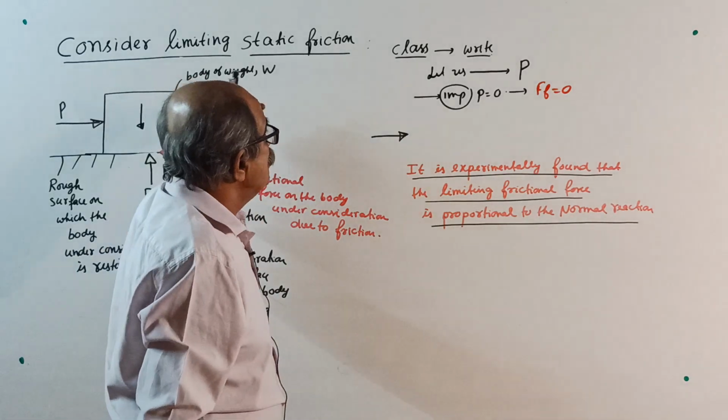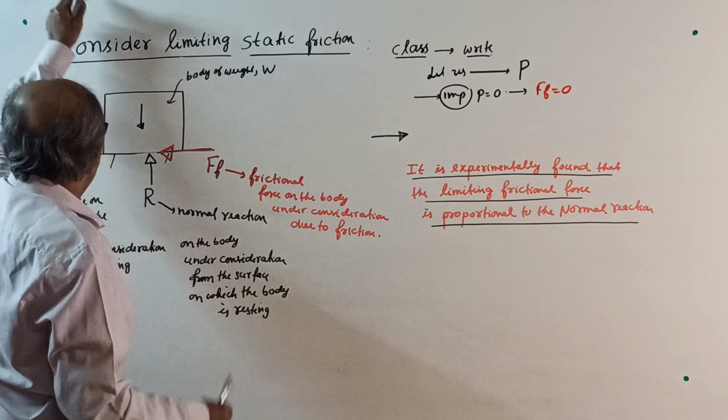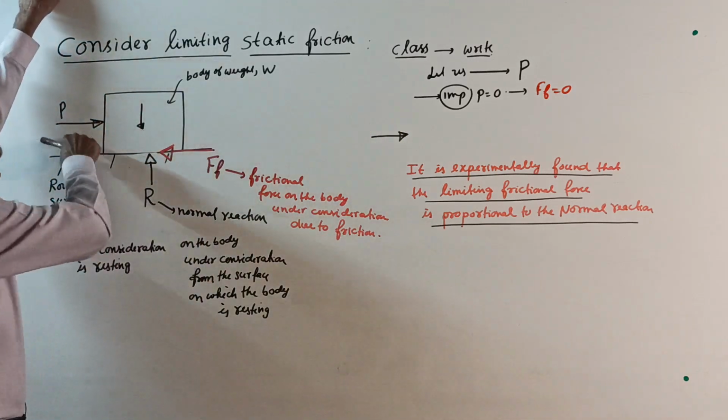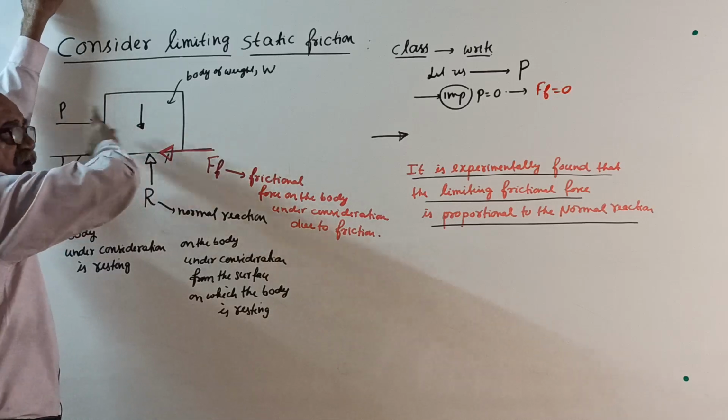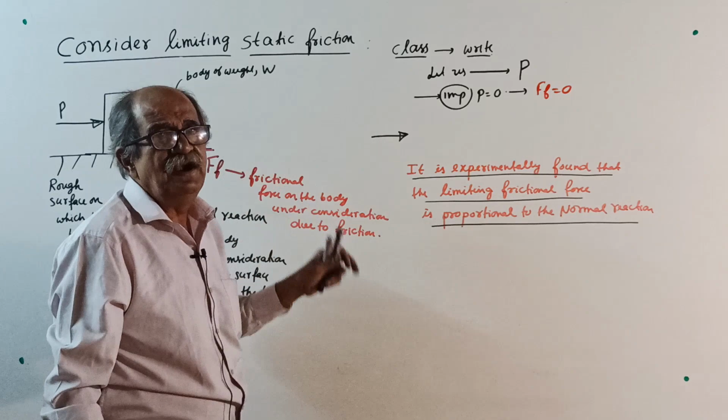Now, slowly increase P. As we increase P, the tendency of P is to move the body to the right side, so in the opposite direction the frictional force FF will develop.